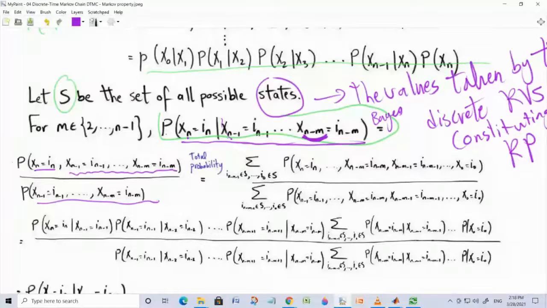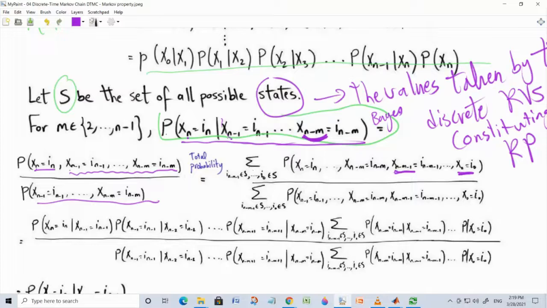So the law of total probability. You have this distribution here. It involves x of n minus 1. It stops at x of n minus m, right? So here is what you can do. You can continue with x of n minus m minus 1, x of n minus m minus 2, all the way to x of 0.